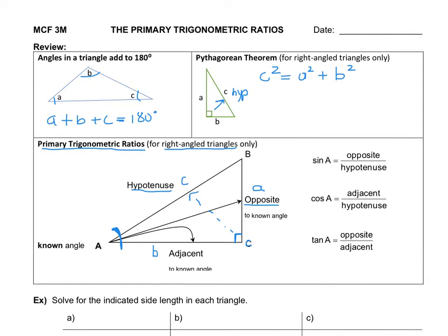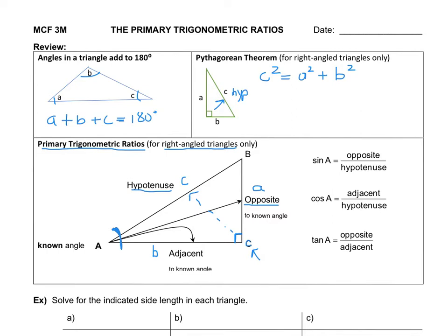So it's adjacent, or beside, the known angle. When you identify these sides in right triangles, always identify your hypotenuse first, because it will be the hypotenuse no matter which angle we're talking about. Your right angle will never be the angle of reference. It will be one of the other two angles.